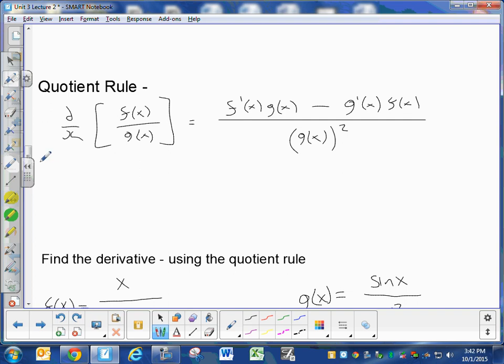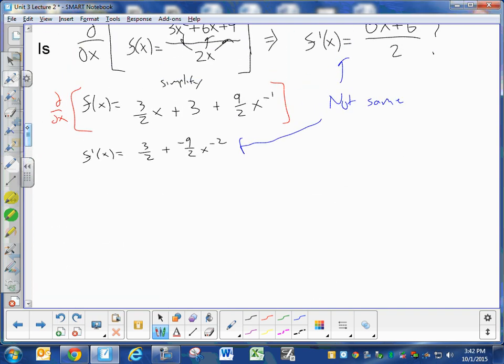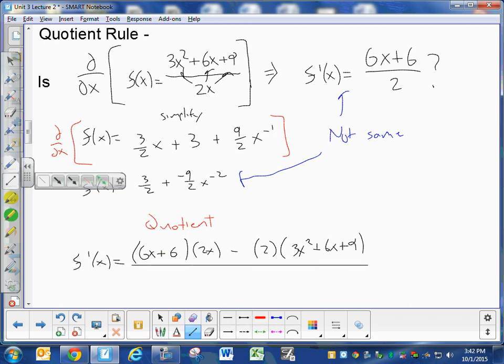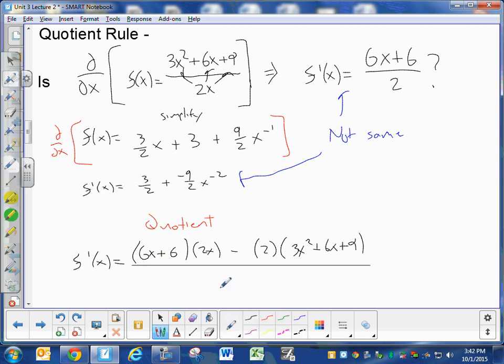Okay? What's great is that, yes, when you simplified this, you could take the derivative. But let's say I didn't simplify this and I just went straight to the quotient rule. This is what my derivative would look like. The derivative of the top, 6x plus 6, times the bottom, 2x, minus the derivative of the bottom, 2, times the top, 3x squared plus 6x plus 9, all divided by 2x squared.